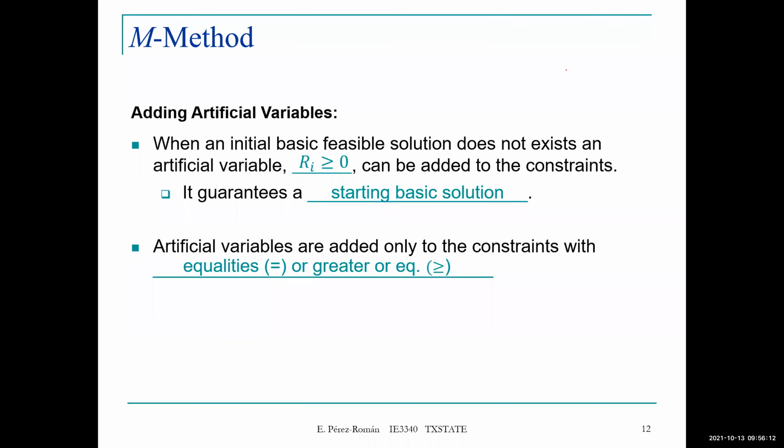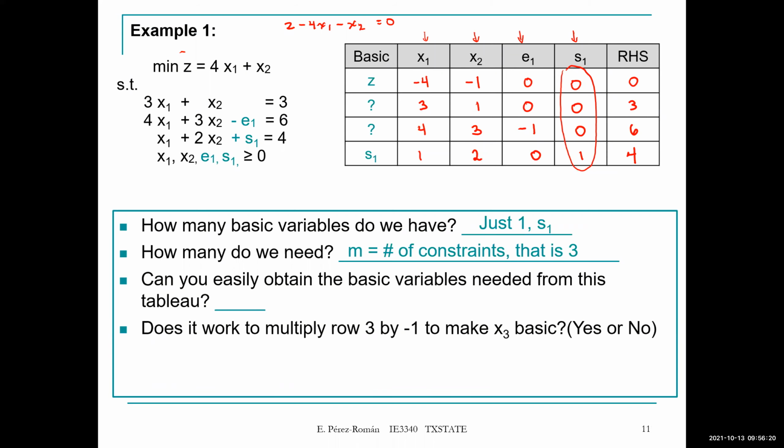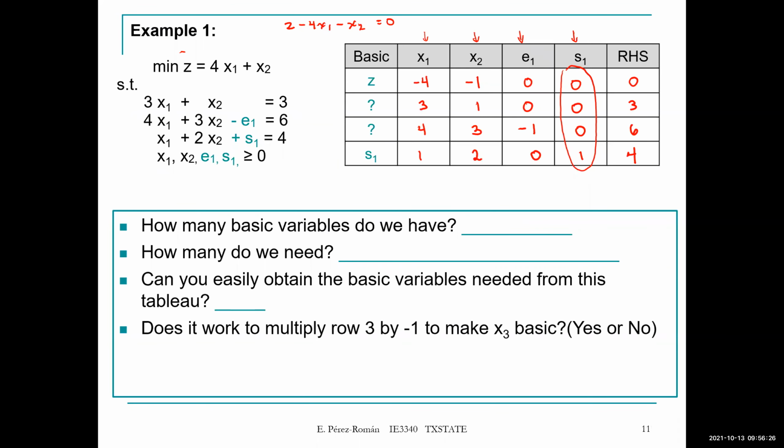Why is that? Because you don't need one for the ones that have a slack. For a constraint that is less than or equal to, we can add a slack, and that will help us find a basic variable. For the other ones, you have to add the artificials.